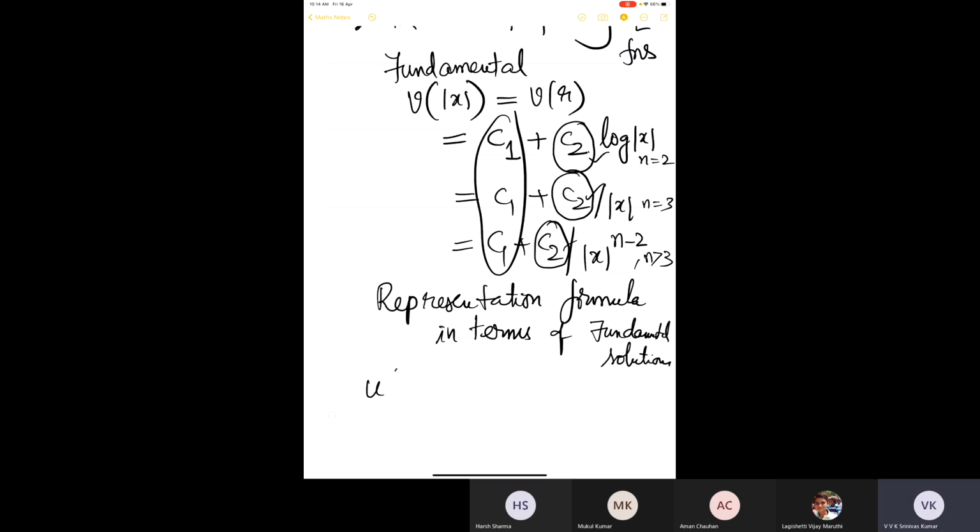So u of x in the case of 2 dimensions will have log mod x coming into the picture, and we will write exactly what it is in terms of these fundamental solutions.